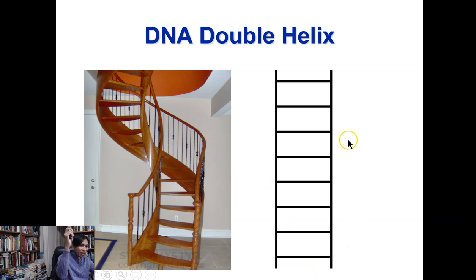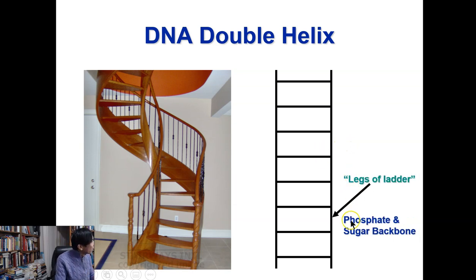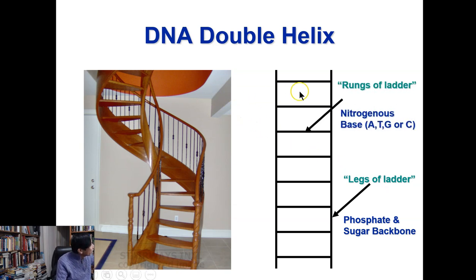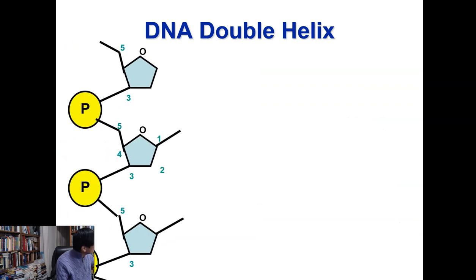The sides of the ladder, the legs, are made of a phosphate and sugar backbone, deoxyribose sugar. And the steps, the rungs, are made of base pairs, the nitrogenous bases adenine, thymine, guanine, and cytosine. Those are the structure of the DNA, the double helix.